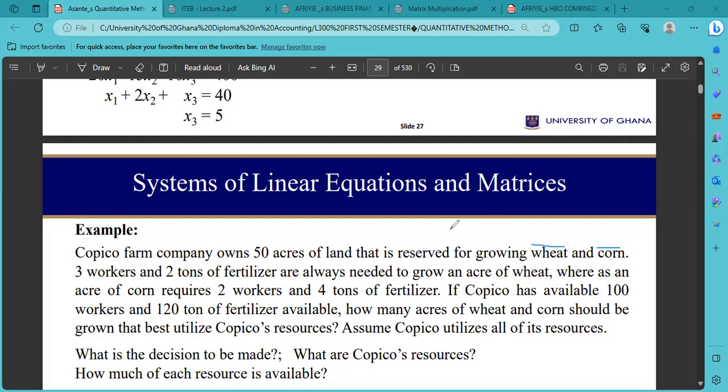So we have the main variables here, and then we have the coefficients here, here, here, and here.